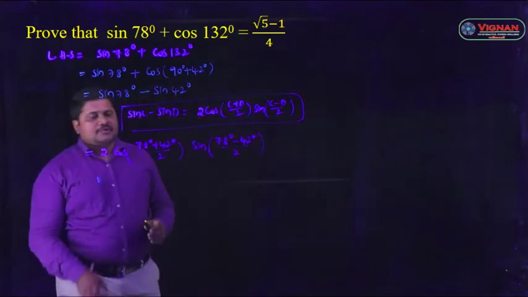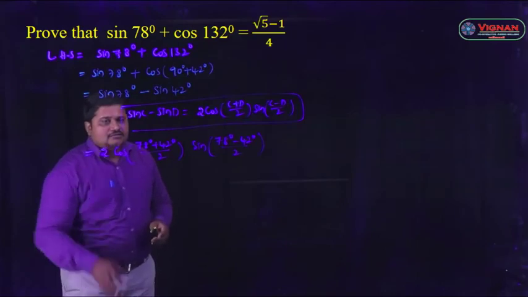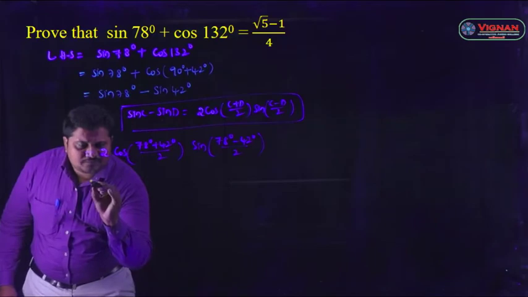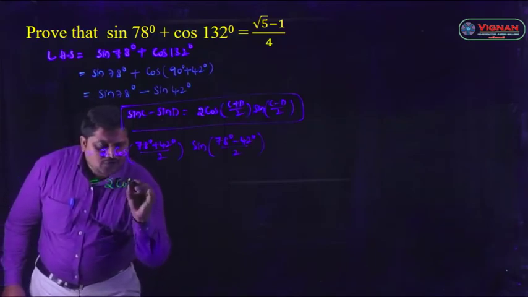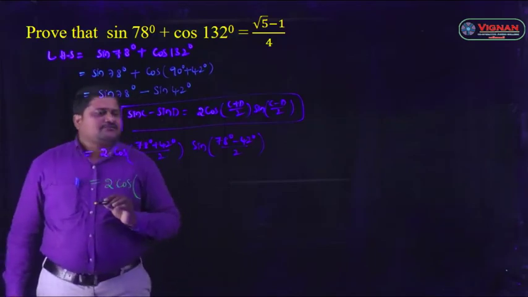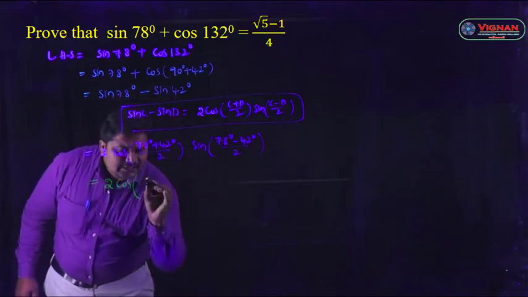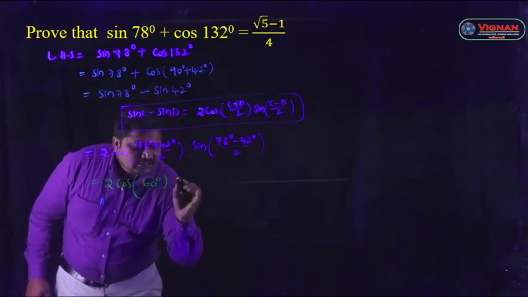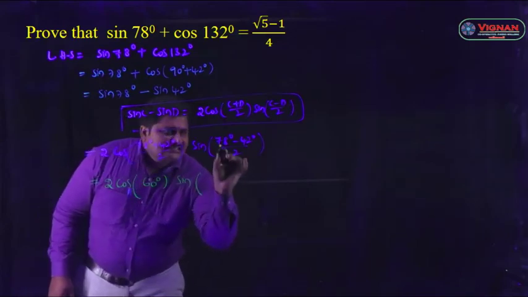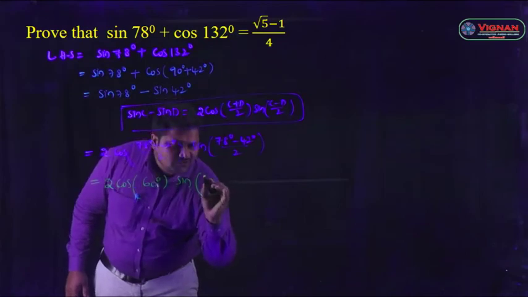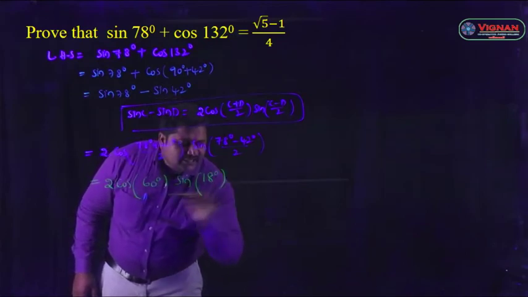Then we get 2 cos of 78 plus 42, 120 by 2, that is 60 degree, into sin of 78 minus 42, that is 36 by 2, that is 18 degree.